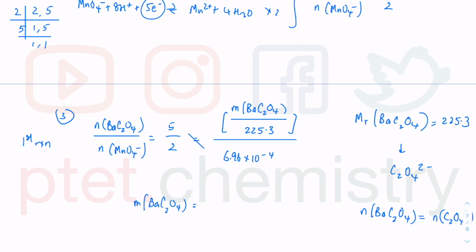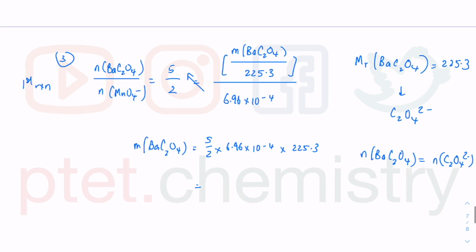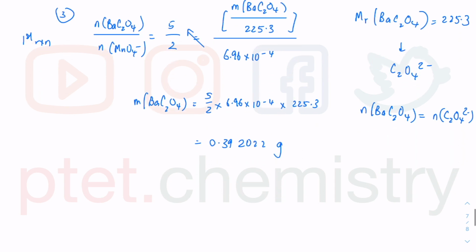You're going to get 5/2 times 6.96 times 10 to the power minus 4 times 225.3. And I got my final answer as 0.392022 gram. This is the mass of barium ethanedioate in the sample out of 0.5 grams.